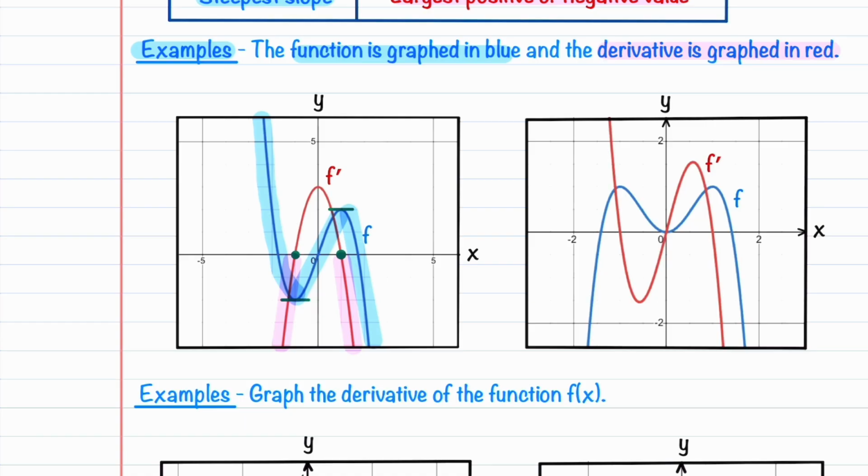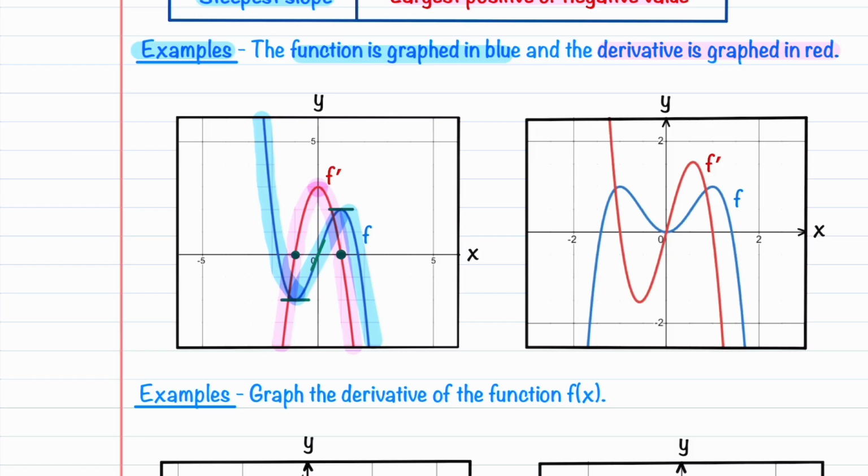Here it looks like the slope is the steepest right at the origin. And the slope of that line is about 3, so the derivative is equal to 3 at that point. The derivative then is going to start at 0, go up to this point, and then go back down to 0.